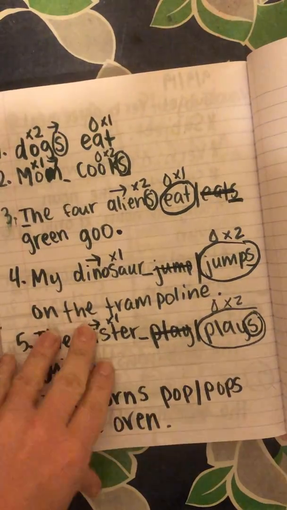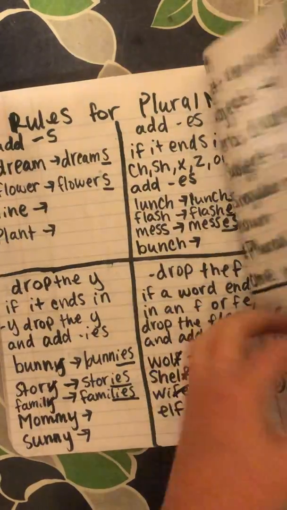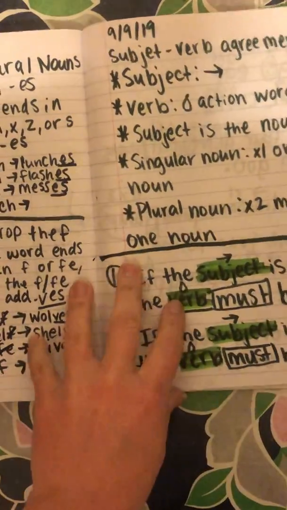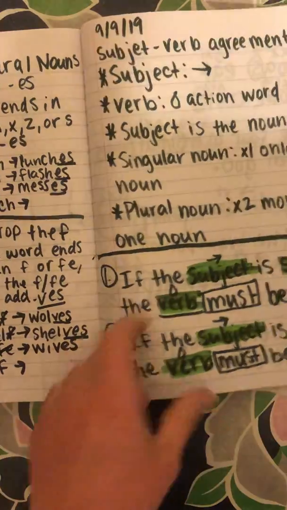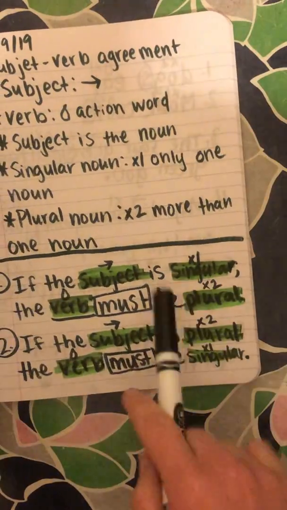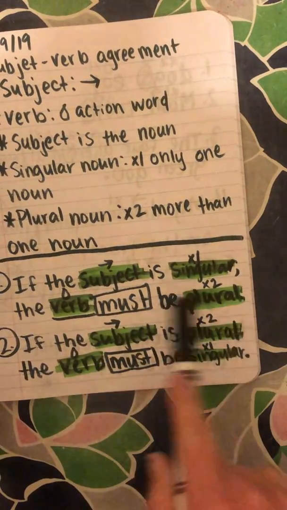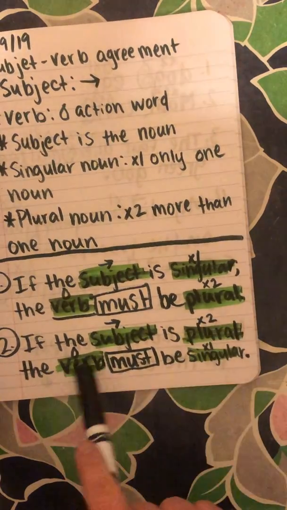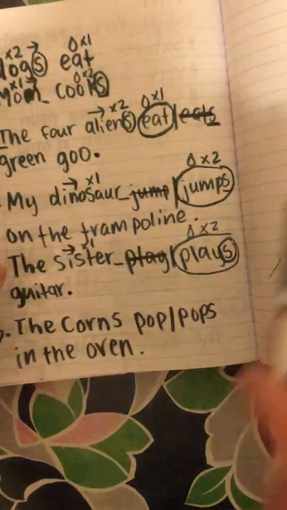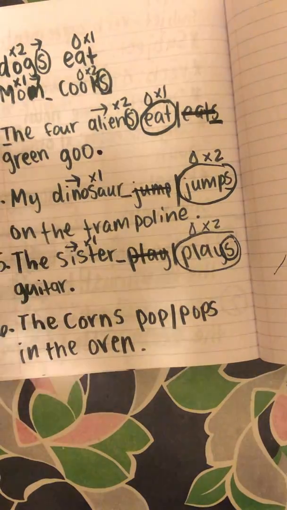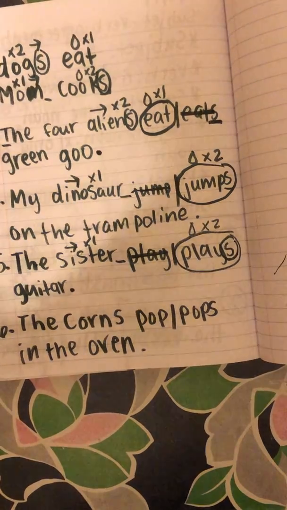If you need to flip back here instead of just looking up here, you can. If the subject is singular, the verb must be plural. If the subject is plural, the verb must be singular. Okay, once you identify if it's singular or plural, decide which verb, pop or pops.